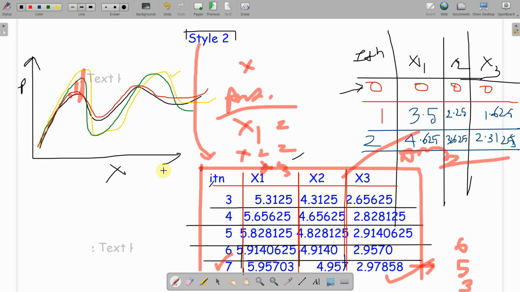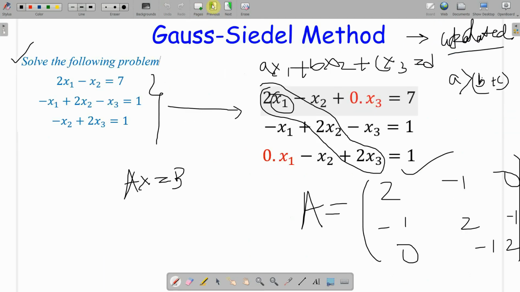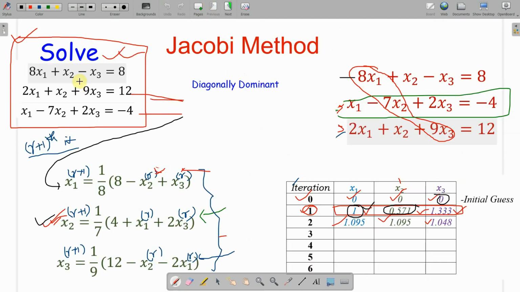Now this problem, as far as my knowledge, I didn't do by the Jacobi method. So let's solve the previous problem with the Gauss-Seidel method. Let me show you. Make this tabulation, write this down quickly from here to here, then here, then here.